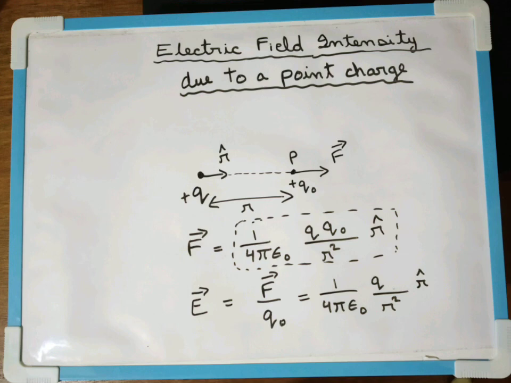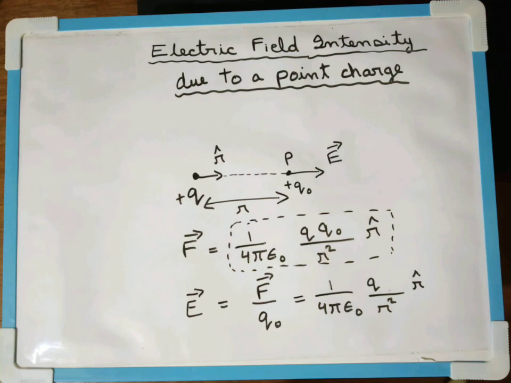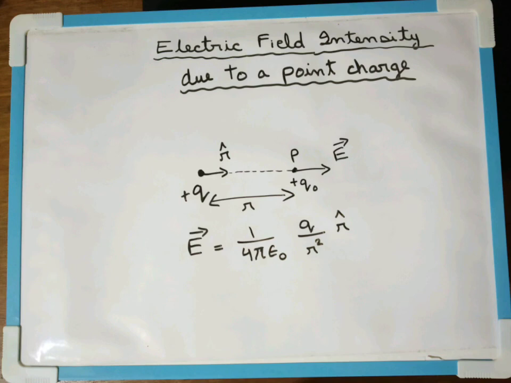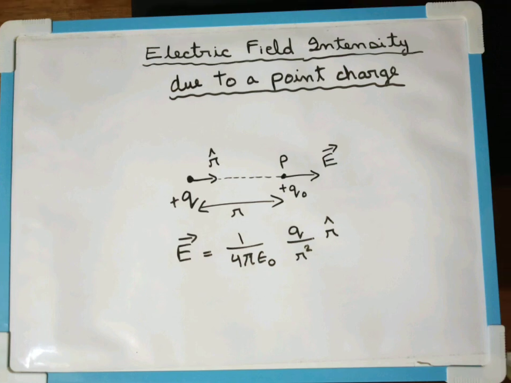This electric field intensity is a vector quantity, and it is in the direction of the force experienced by the test charge. So here E, the electric field intensity due to a point charge, is equal to 1 by 4 pi epsilon naught, q by r square, r cap. r cap is in the direction of the force F, so here E is in the same direction as the force experienced by the test charge.